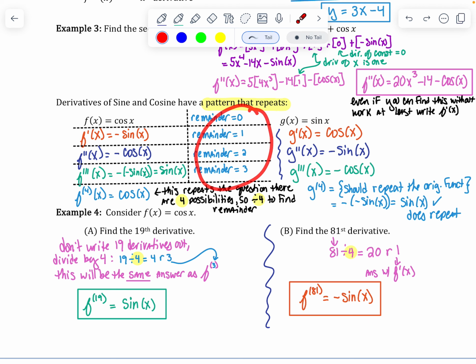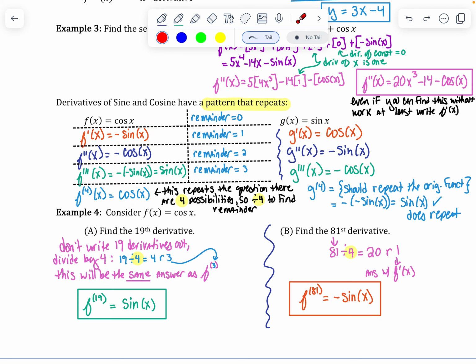Let's go back and tie that in with what I've written off to the right. 4 divided by 4 has no remainder, so it is the question, which is my fourth derivative. If I divide 4 into 5, I'm going to get 1 remainder 1. So this would have been the next derivative, the fifth derivative. So each time I'm dividing by 4, I'm really saying, okay, we've got these 4, and how many after that?